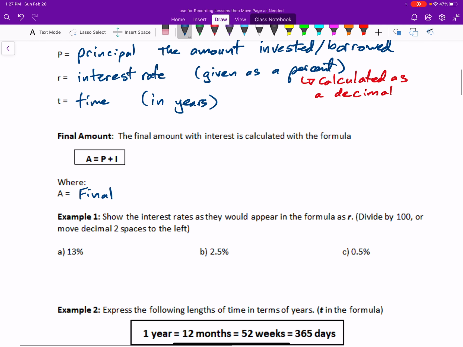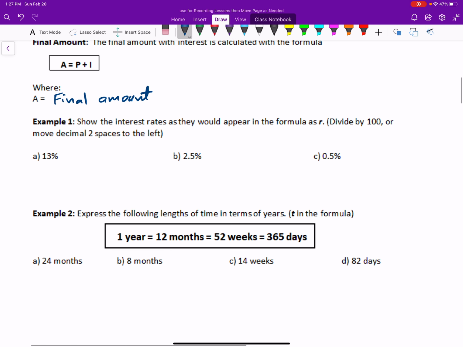It's where I add the principal, the amount I borrowed, together with the interest amount that I'm paying for the benefit of using the money, and it's just lumping it together. So again, if I borrow $100,000 and I'm charged $10,000 interest, A would be the $110,000 of adding it up.